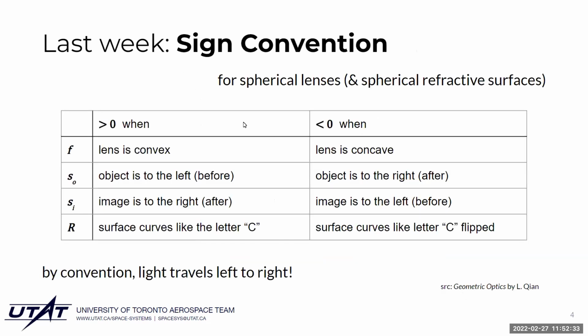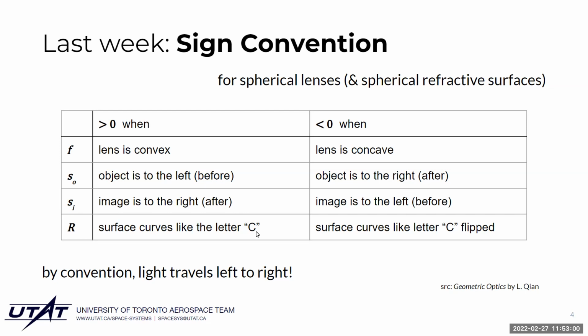Then to formalize a couple of things here, and so you have it for reference, because last week I said them out loud: the sign convention. For SO, which is object distance, and SI, which is image distance, it kind of makes sense. If your object is before your lens, it's positive. And if your image is after your lens, it's positive.